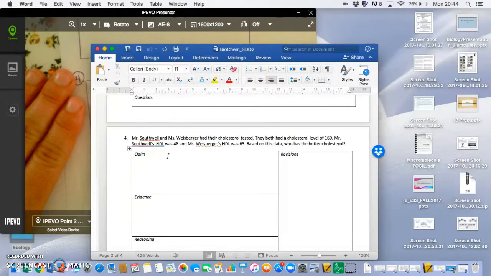Okay, Mr. Southwell's HDL equals 48, and this would be milligrams per deciliter. Mine would be 65 milligrams per deciliter. And that says, based on the data, who has better cholesterol?